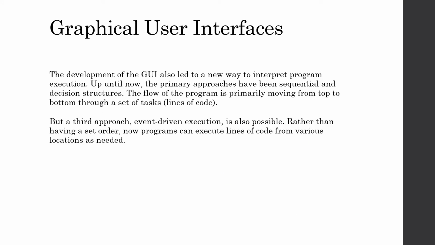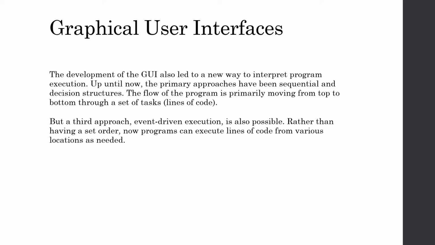And one of the other things to note about GUIs is that this has also led to a new way that we can interpret program execution. So up until now, the primary approaches that you've dealt with, if you're doing mostly things in a console window with maybe some set of user requests, followed up with some user inputs, and then some processing with those user inputs, you're primarily dealing with sequential and decision structures.